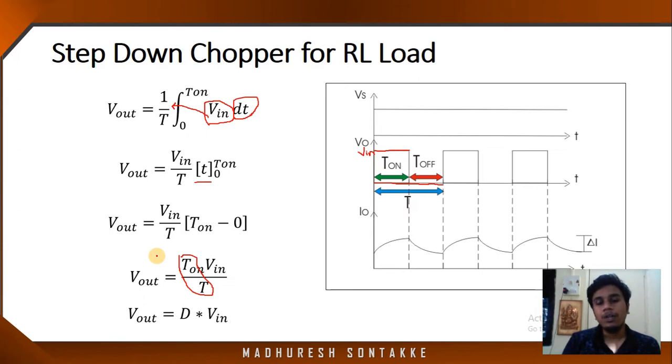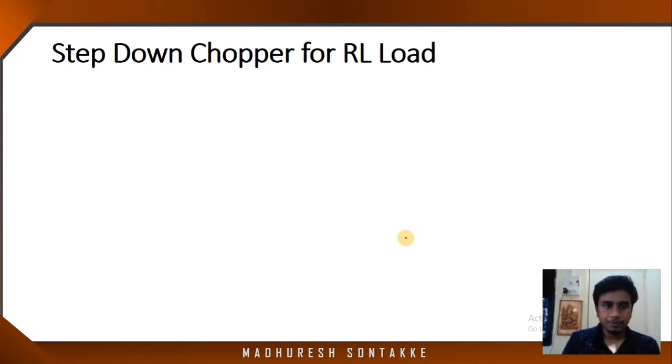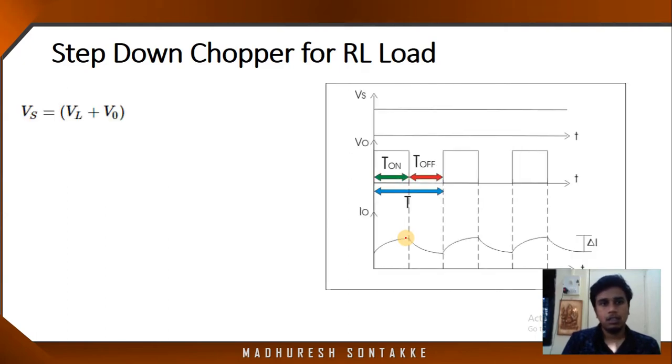Okay, now we'll see the behavior of the current. Can we find an equation for this current? Yes, we can. For that purpose, we are not going to use the method which we used for voltage, but some different method.